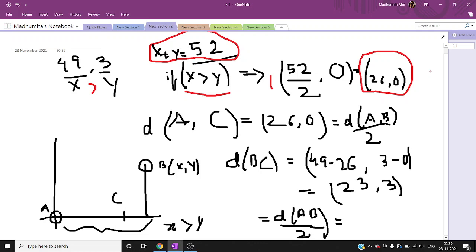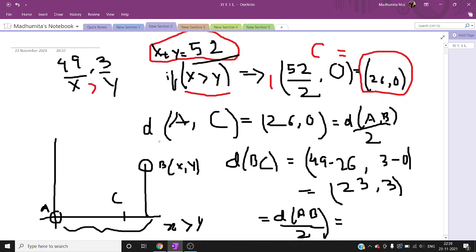Now let me give the reason why I am doing this. We know the distance of A to C is going to be A plus B. I have already assumed that if x is greater than y, then the coordinates of C could be (x plus y by 2, 0).